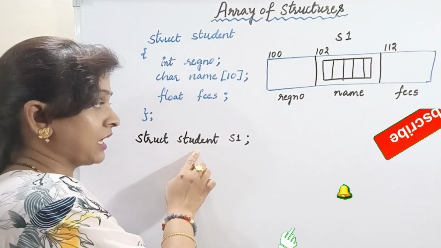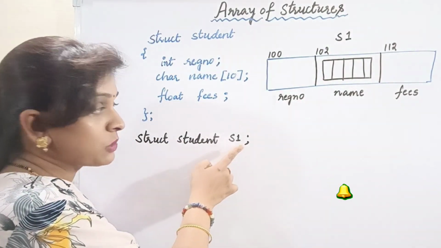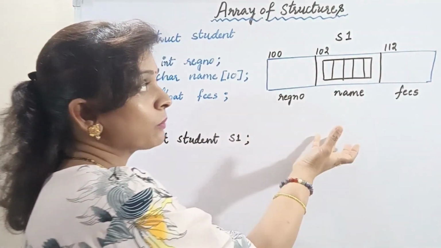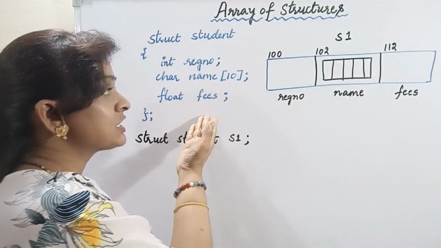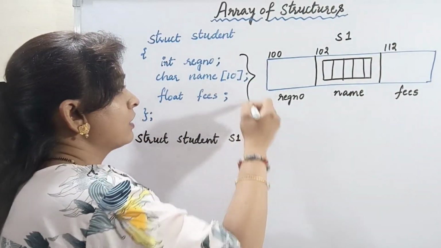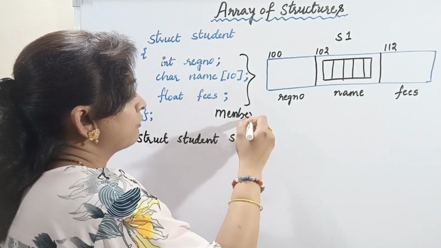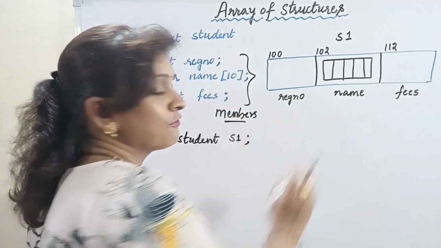Using that data type, struct student, I create a variable. When I create a variable, memory will be allocated. How will the memory be allocated? It is going to allocate the memory for all its members. So I am going to get the memory for register number, name and fees.